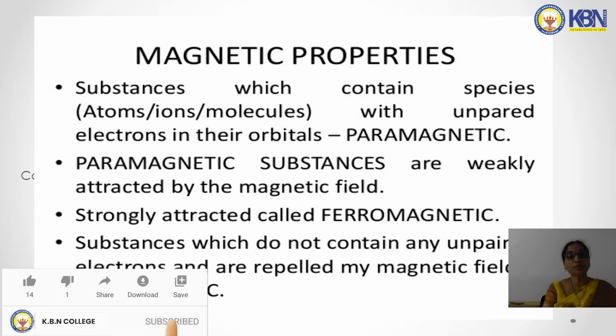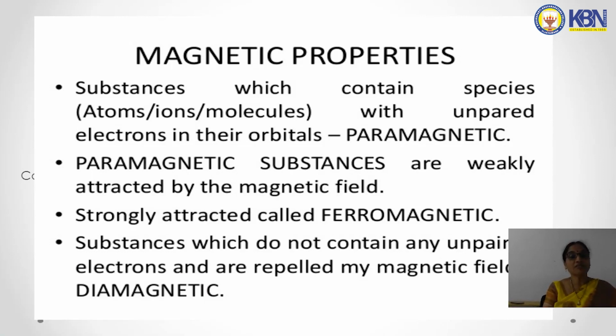Substances which contain a species, whether an atom, ion or molecule, with unpaired electrons in their orbitals are said to be paramagnetic. Paramagnetic substances are weakly attracted by the magnetic field; if strongly attracted, they are called ferromagnetic substances. Substances which do not contain any unpaired electrons are repelled by the magnetic field and are known as diamagnetic substances.